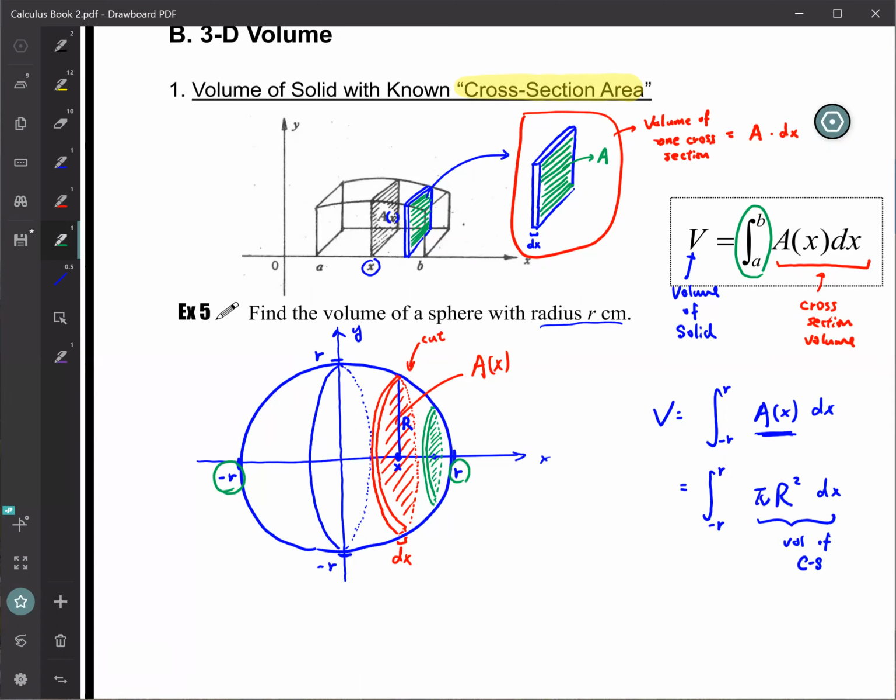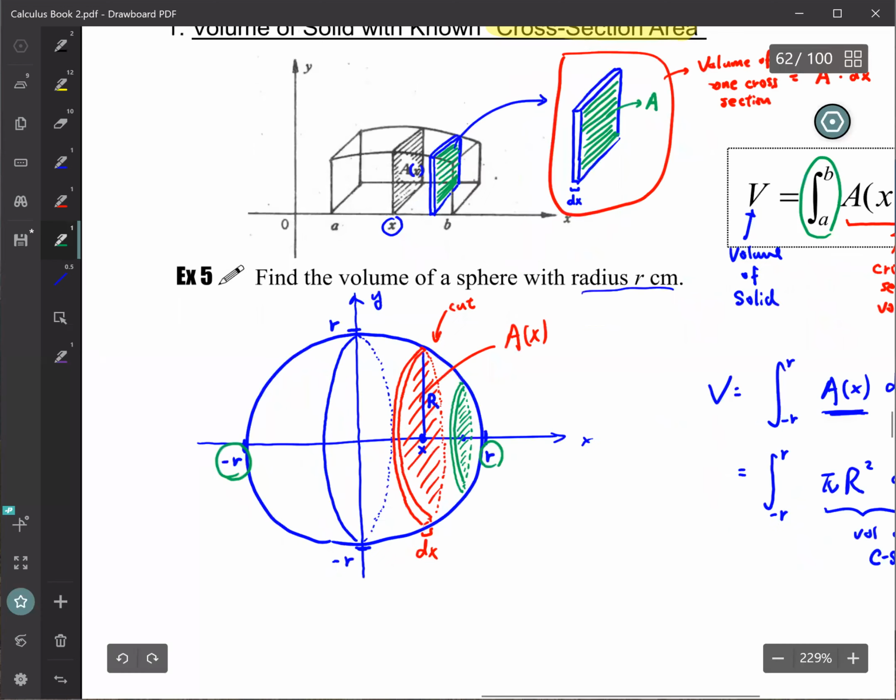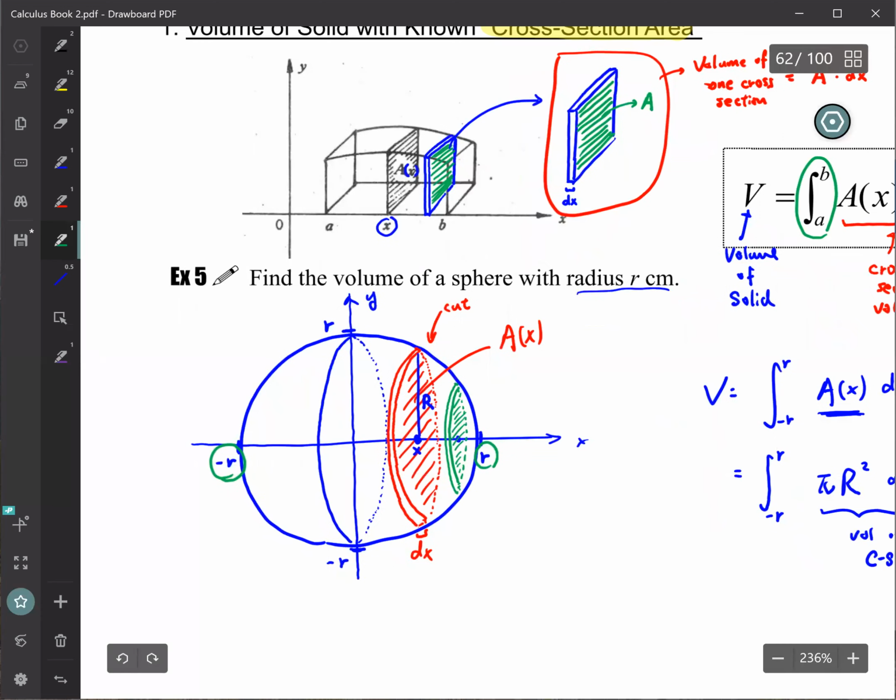So the question was, if I know the value of x, so let's say x is 3. For example, maybe with numbers it will be easier for you to think.